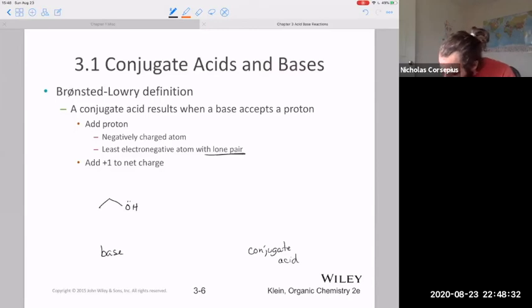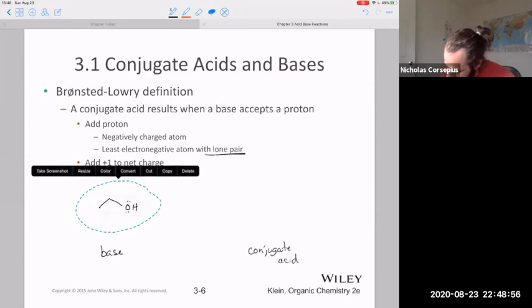So let's do, again, ethanol. We saw this behaving as an acid before. What does it look like when it's behaving as a base? Well, even though oxygen's the most electronegative atom in this structure, it's the only one that has a lone pair. You have to have a lone pair to be able to behave as a base, to accept that proton. So if I'm going to draw the conjugate acid, let me just duplicate this here.